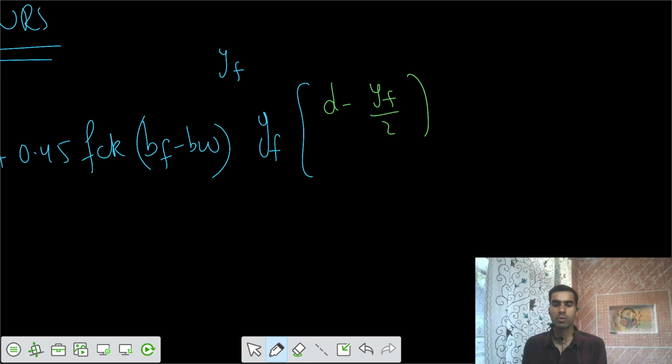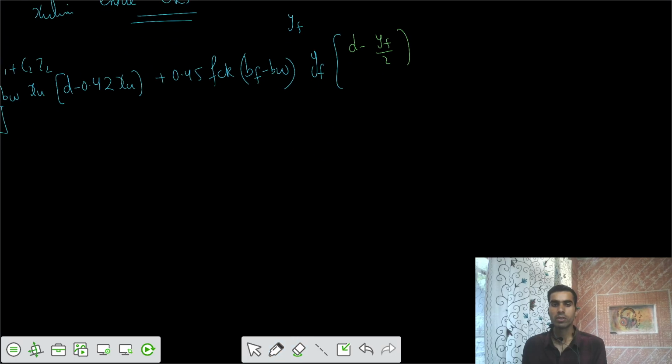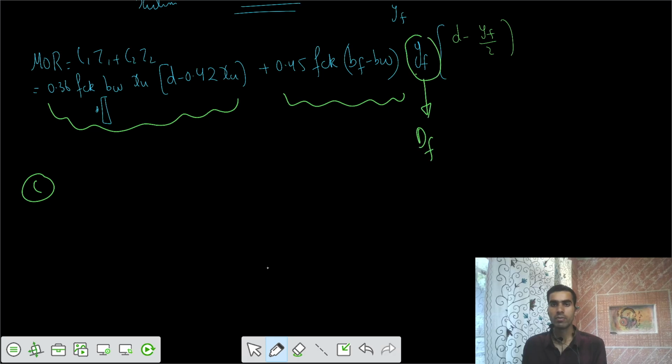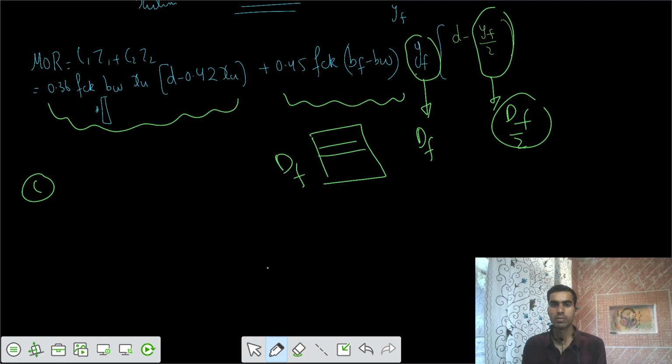So in the previous problem, in the case C, that was your second case, our equation was also in this fashion, except that your YF was replaced by DF, and your YF by 2 was replaced by DF by 2. In that case, the stress was constant for the entire DF, and the centroid was here at DF by 2.